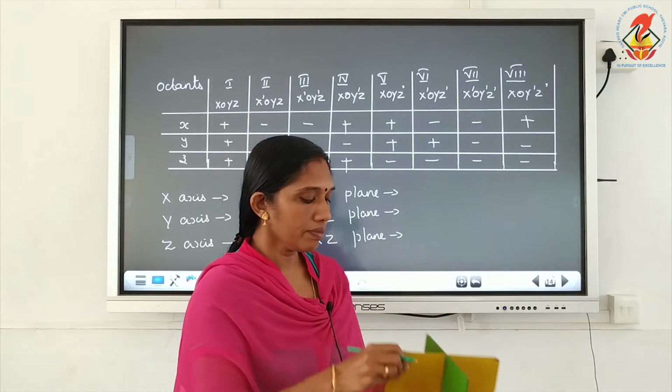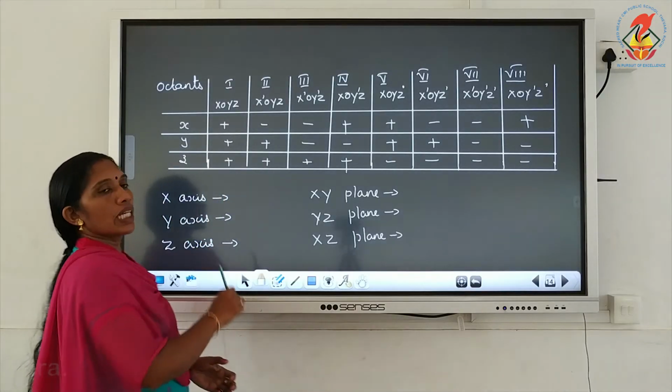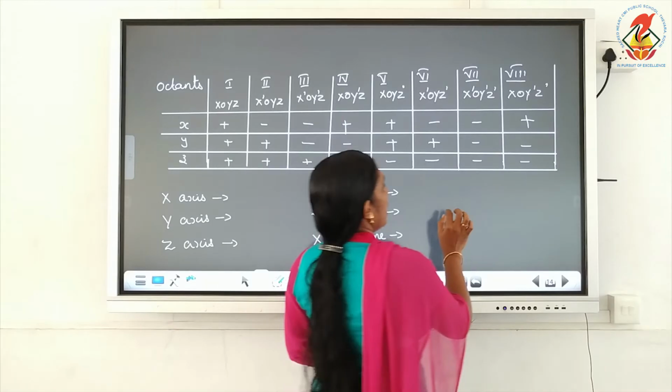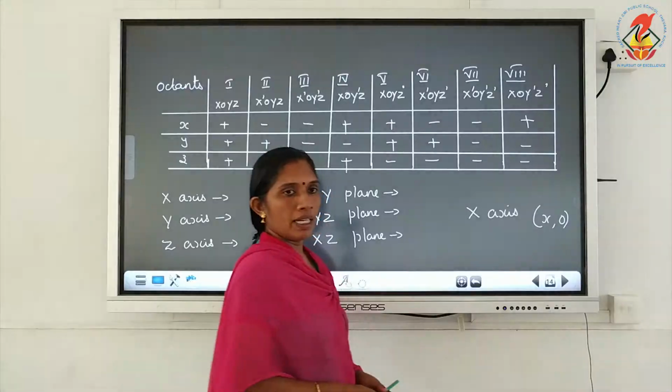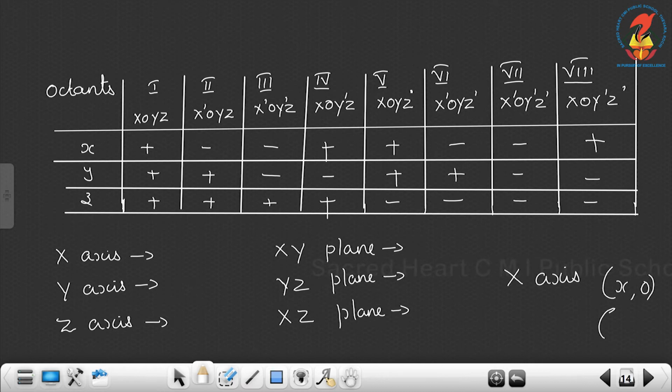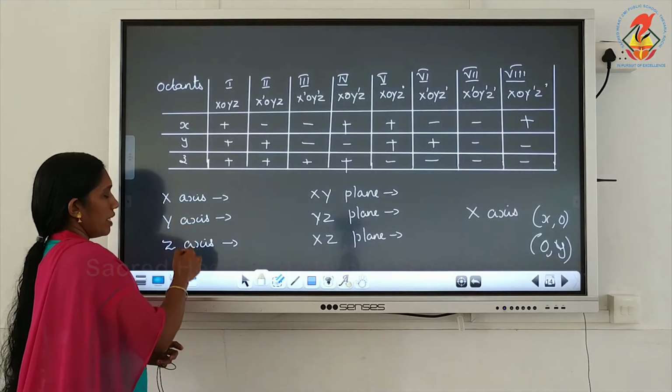Okay. Now look here. We know that any point on the x-axis is of the form x comma 0, isn't it? And any point on the y-axis, first coordinate 0, then y coordinate. The same way for the x, y, z axes.